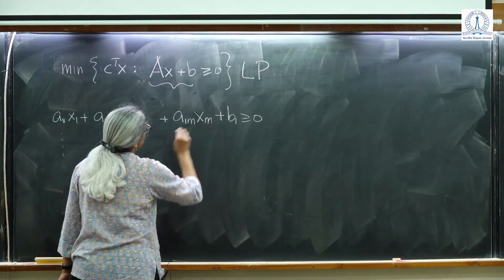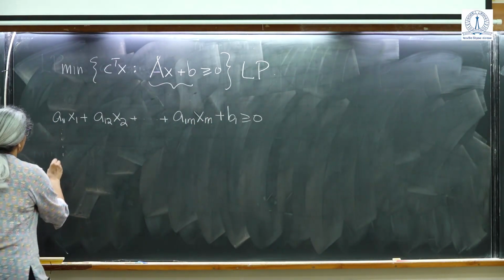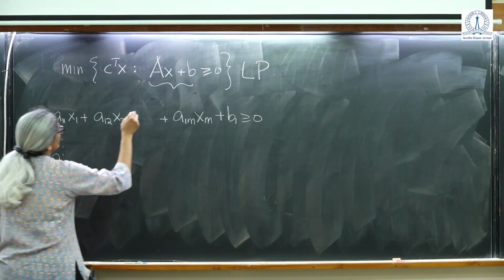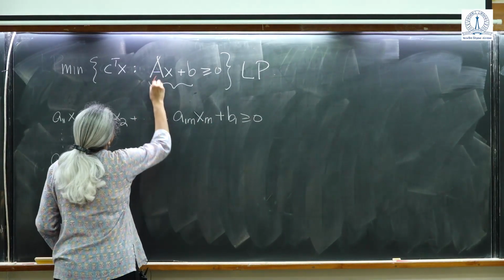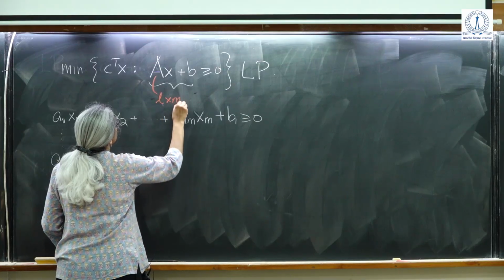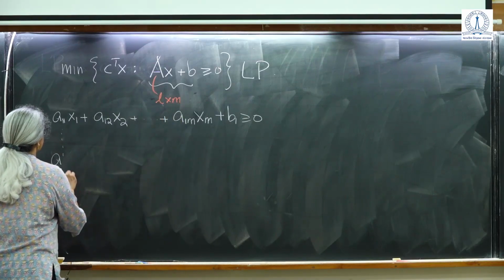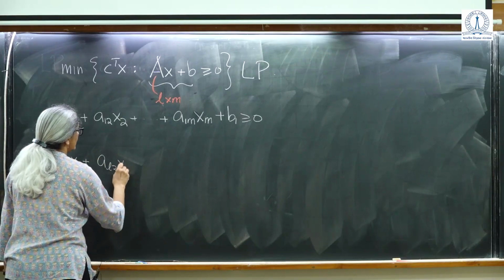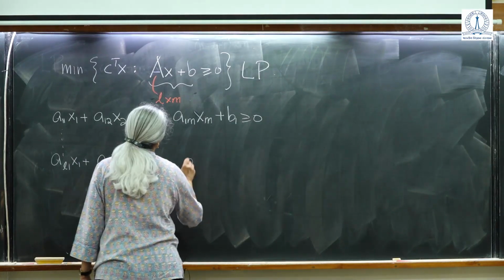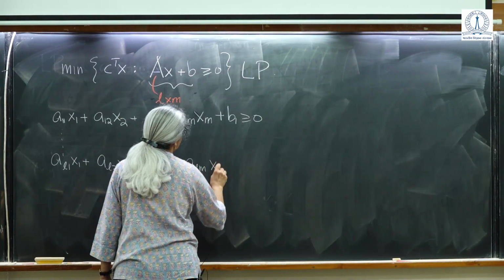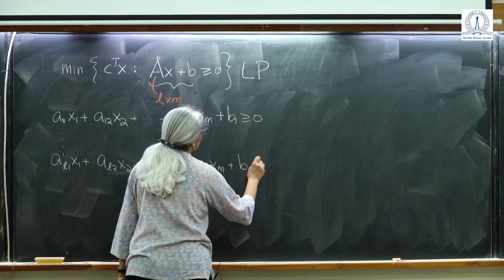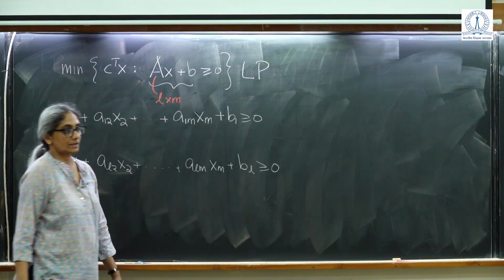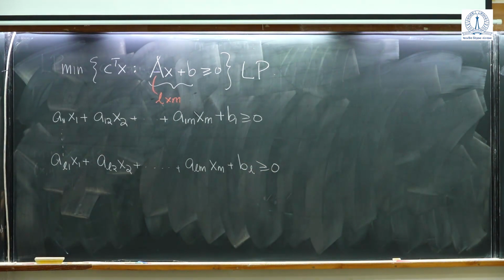And then the last one, let's give this matrix a size, say L by m. So this is AL1 x1 plus AL2 x2 plus up to ALm xm plus bL greater equal to 0. I just wrote the system out in its full glory. So it's 1 by 1 matrices basically.